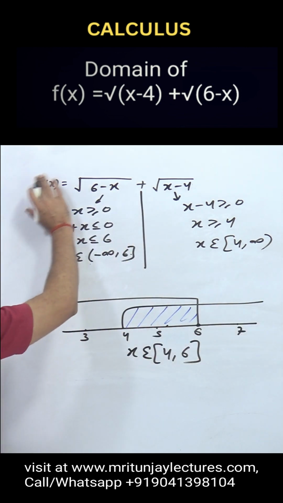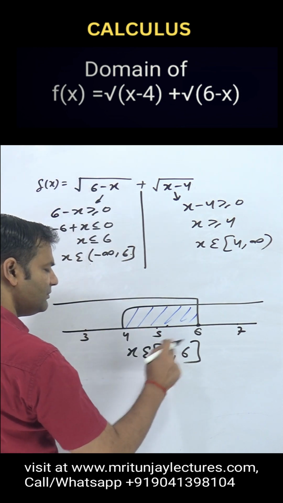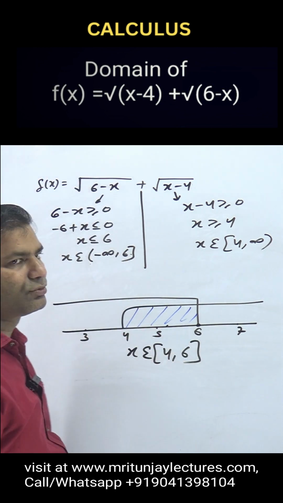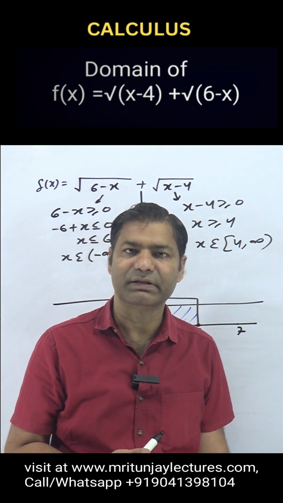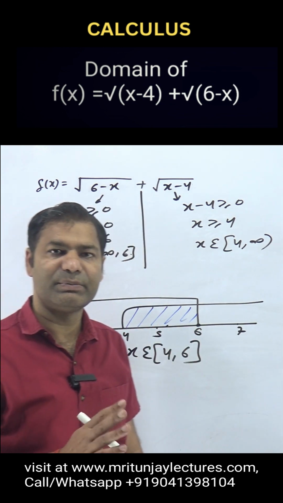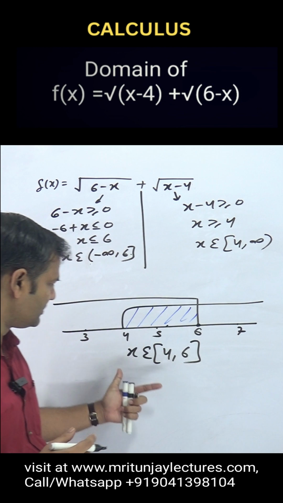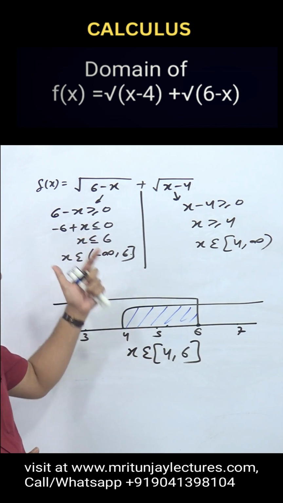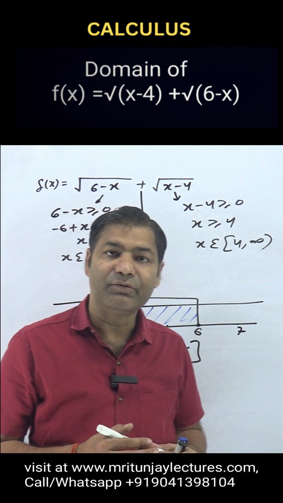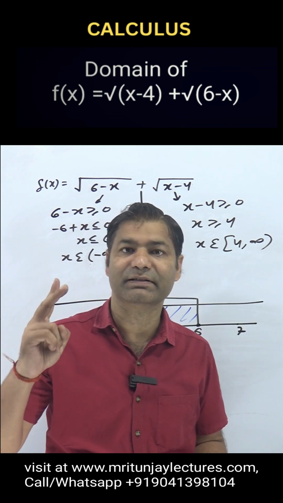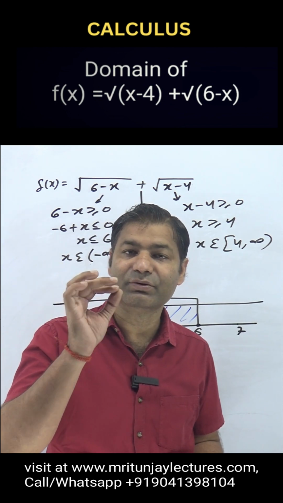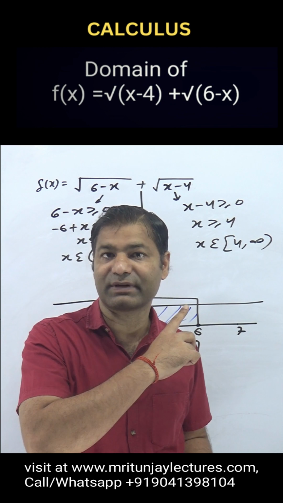So f of x is defined at 4, and for any value selected between 4 and 6 it is defined. Basically, our motto is to find the domain. Domain means for which values the function is defined.